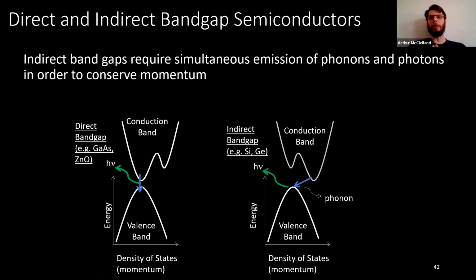And so this is why emission from silicon is so weak. When you're looking at transitions up and down, the direct bandgap semiconductors are going to be much more likely to have those transitions. The indirect semiconductors, silicon, germanium, you need to couple into a phonon, and so those transitions occur, but they're much, much less likely to occur.